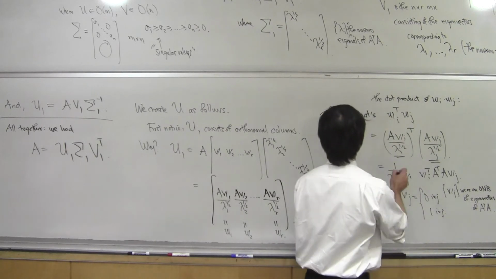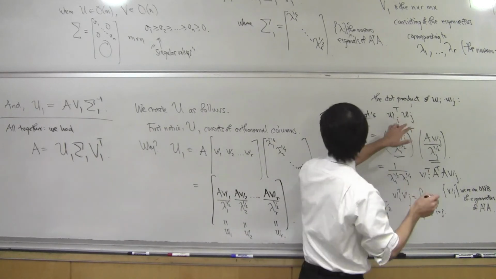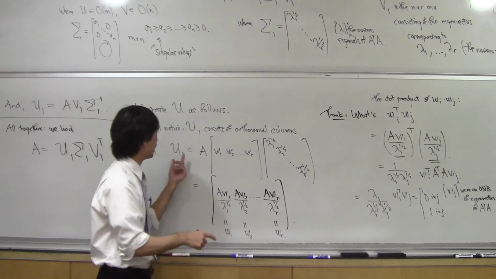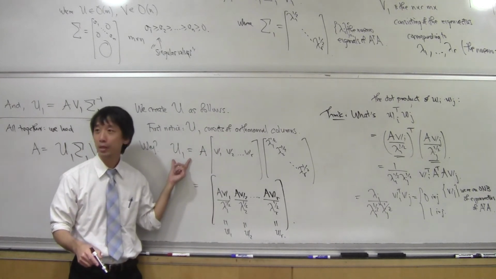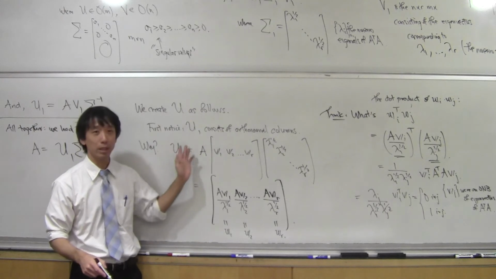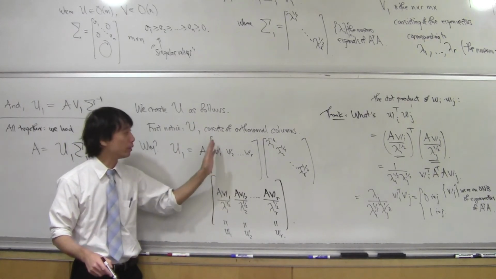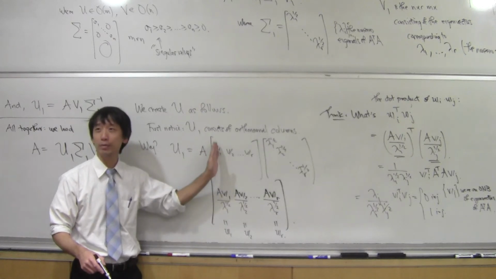And that tells you that the columns of U1 are orthonormal to each other, because the dot products are either 0, or if it's against itself, it's 1.